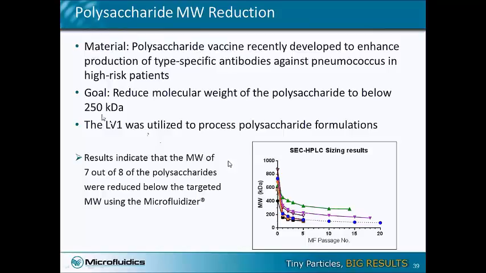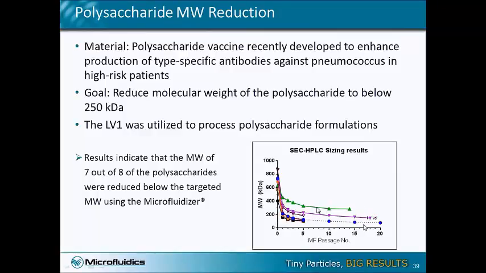In this test, we tried 8 different types of polysaccharide, and you can see the molecular weight reduction versus number of passes here. We were able to achieve the target of 250 kilodaltons for 7 of the 8 polysaccharide samples.